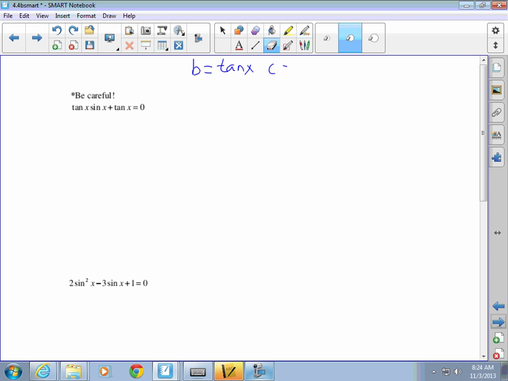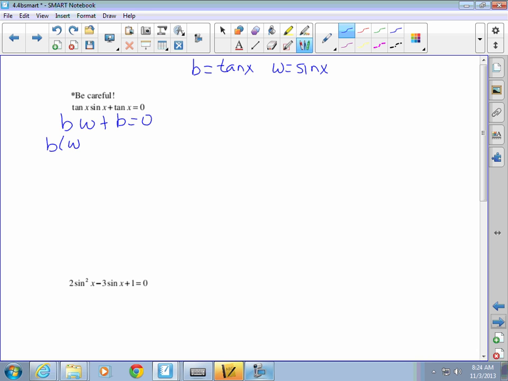Nope, can't use C. Let's use W is equal to sine x. So if I substitute in here, I have B W plus B is equal to 0. So if I do my factoring, I have B times W plus 1 is equal to 0. So that means B is tangent x, so tangent x is equal to 0, and sine x plus 1 is equal to 0.